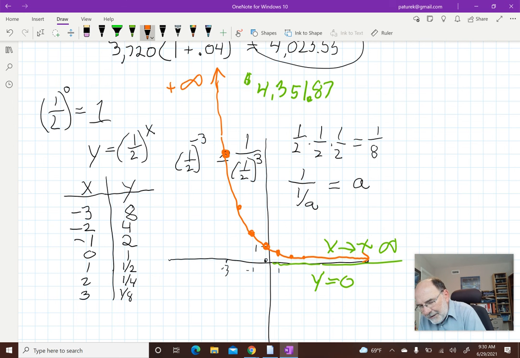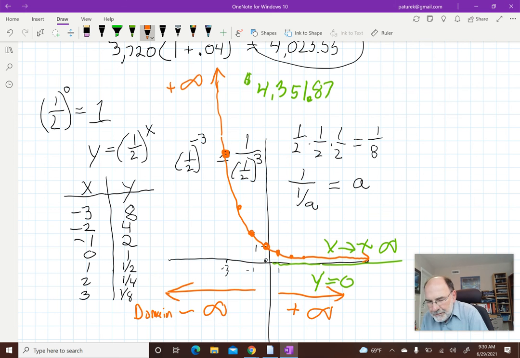The domain is how far does it go along the x-axis in a negative direction? And the answer is, okay, it can go to negative infinity. No worries. How far does it go in the positive direction? And the answer is, it can go to positive infinity. So the domain is negative infinity to positive infinity.